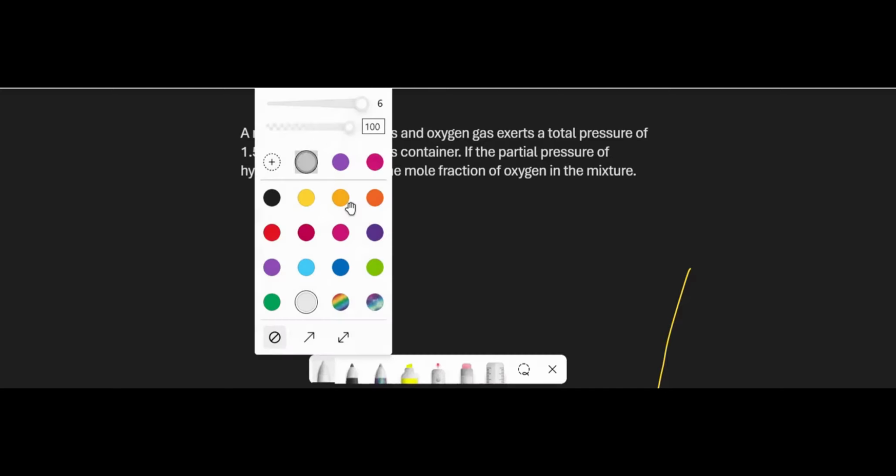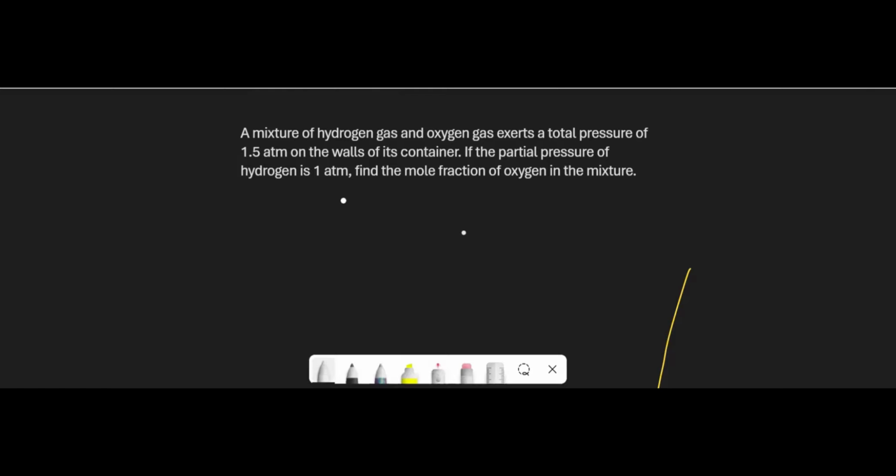So if the partial pressure of hydrogen is 1 atm, how are we going to get the mole fraction of oxygen in the mixture? I think, ladies and gentlemen, we can clearly see that this question is also simple. And how do you get the answer?